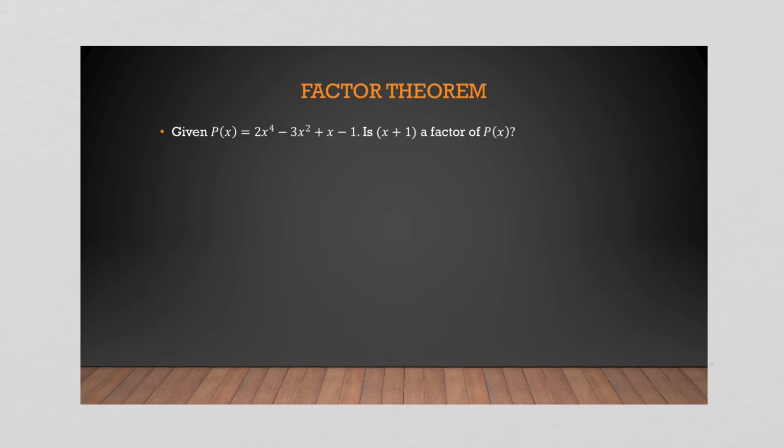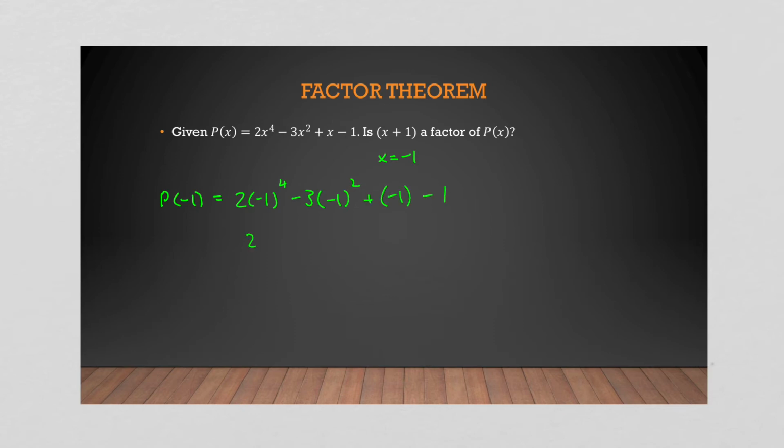One more. In this case, we're plugging in x equals -1. So I'm not going to divide this out after the fact, but we'll just check to see if it's a factor. So -1 to the 4 minus 3 times -1 squared plus -1 minus 1.